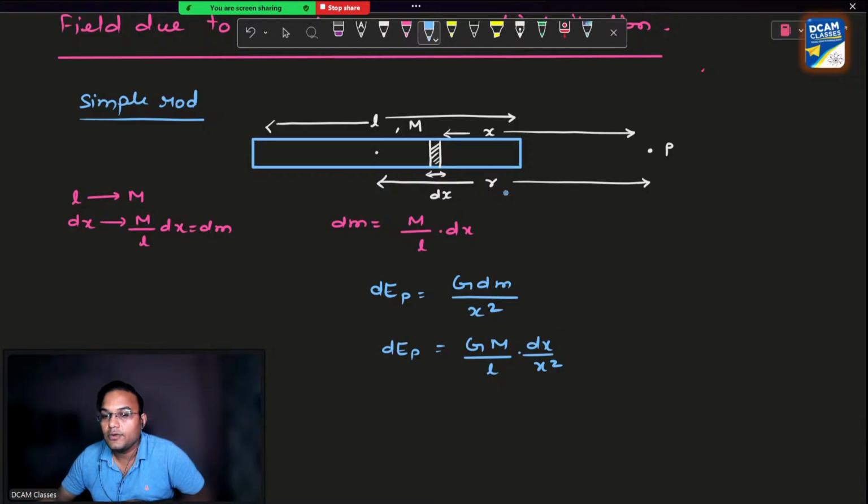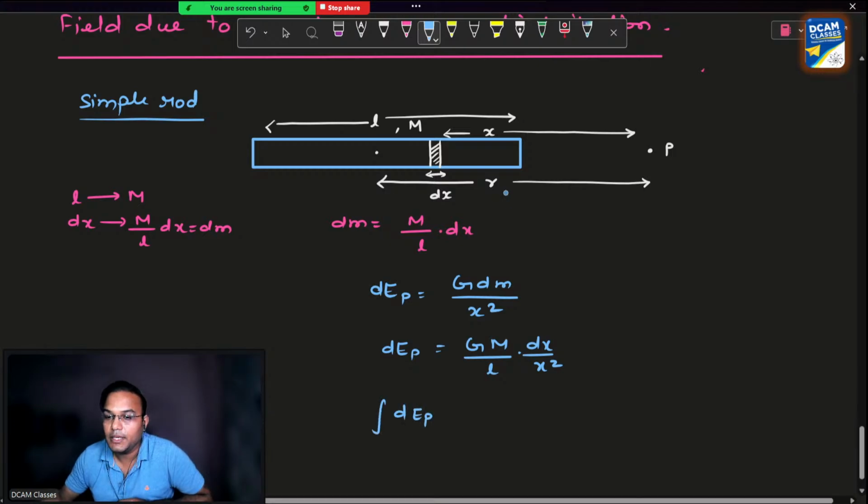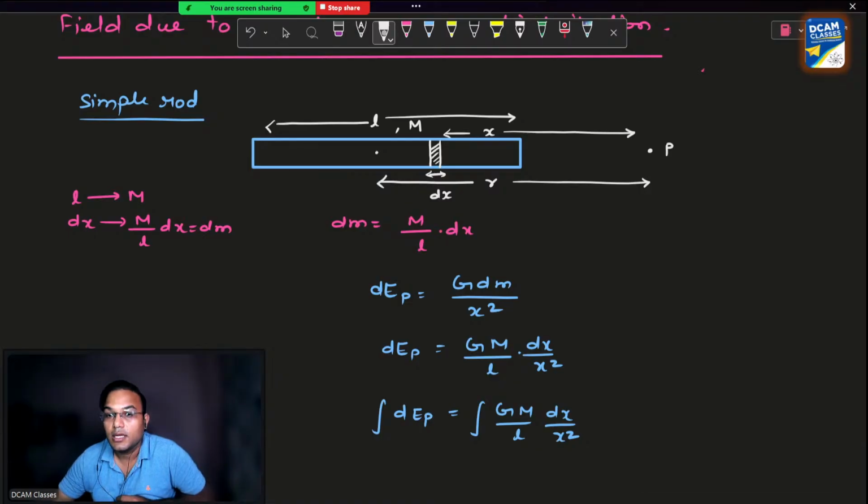Now to find out the total field at P, we have to integrate this part: integral G M by L dx by x square. What limits you will put? X will be starting from what?